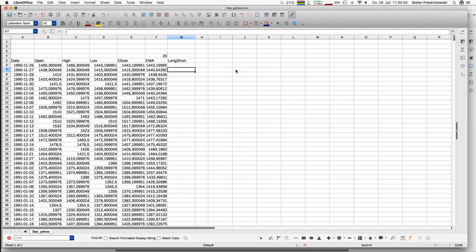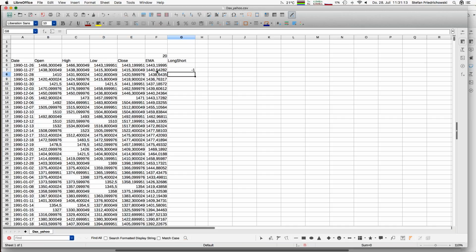So, the answer whether we are long or short in the market is quite simple. We ask if the close value is bigger than the EMA value, then we are long in the market, and for long I always use the +1, and if it is the opposite, I have a -1.